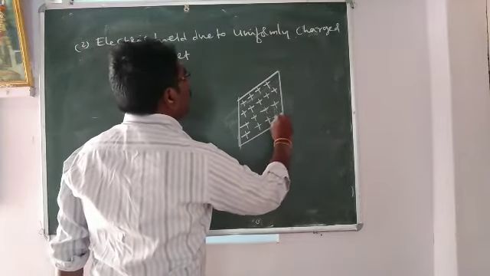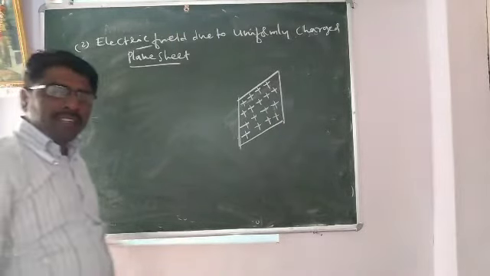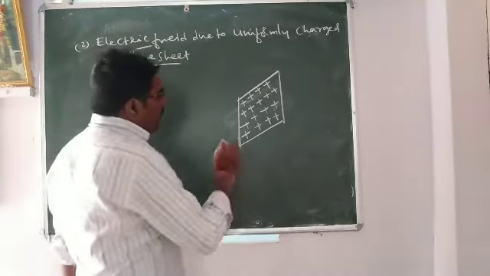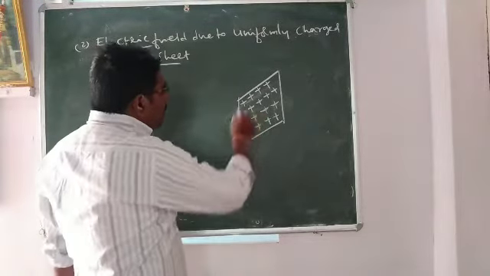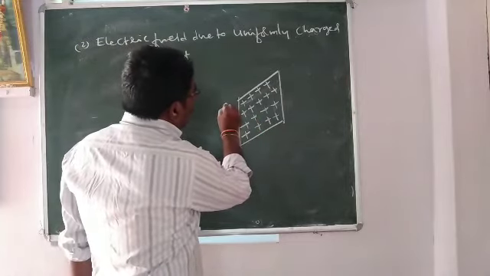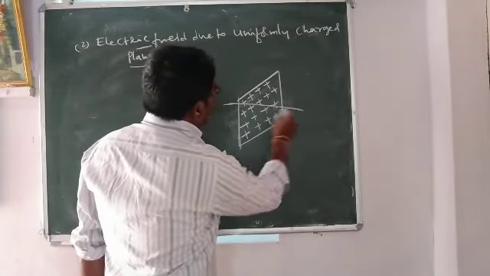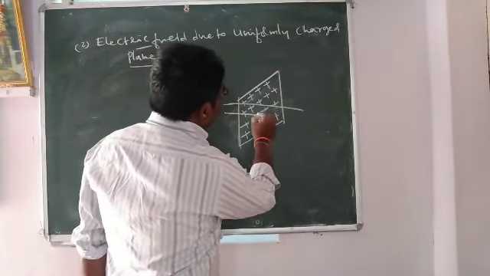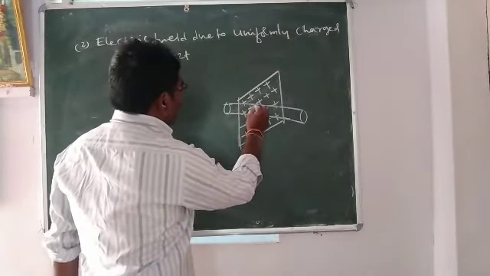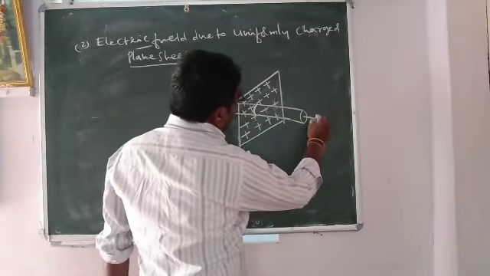The electric field is always normal to the surface of the charged body. For any charged plane sheet, the electric field is always normal to the surface. To calculate the electric field due to this plane sheet, consider an imaginary cylindrical Gaussian surface.